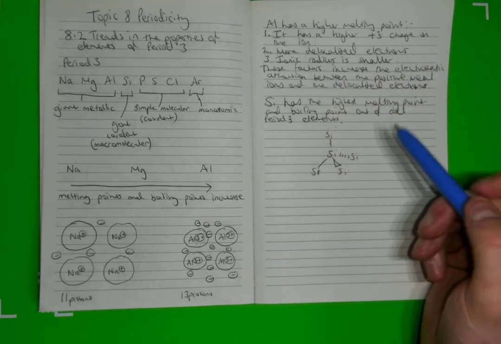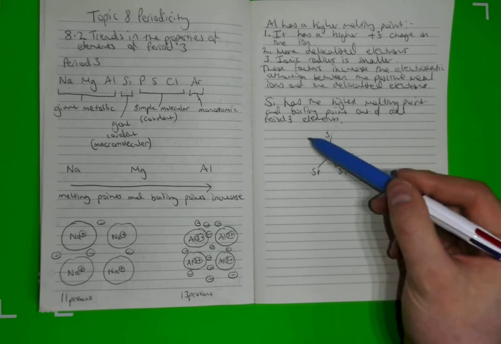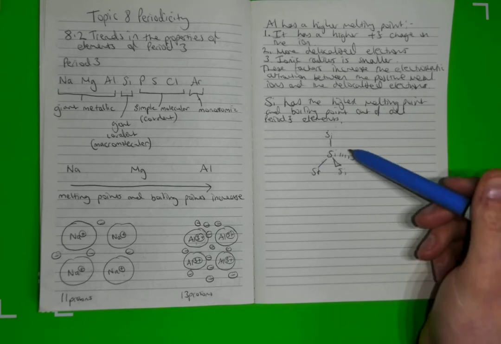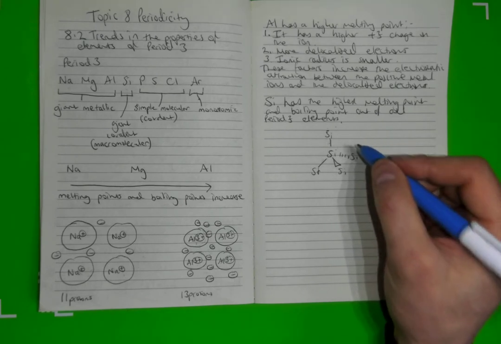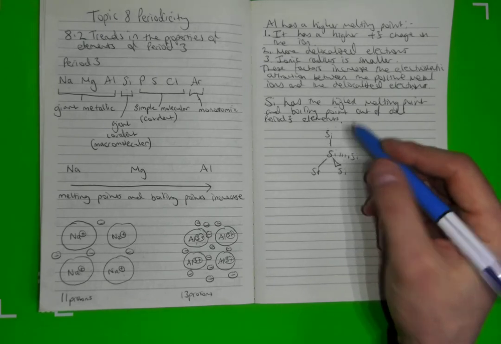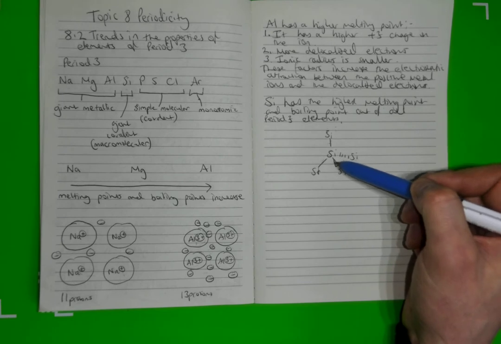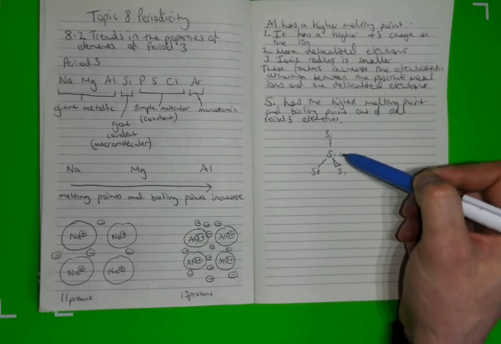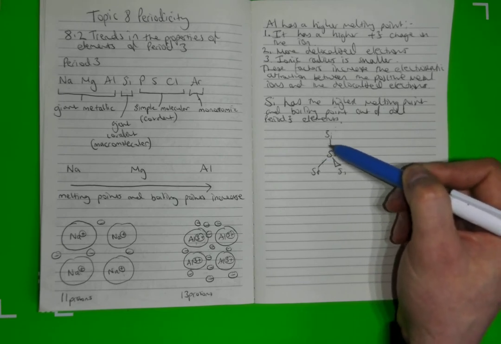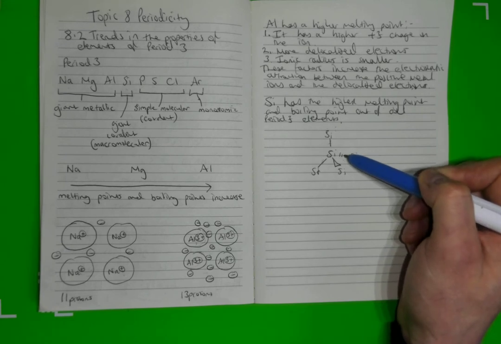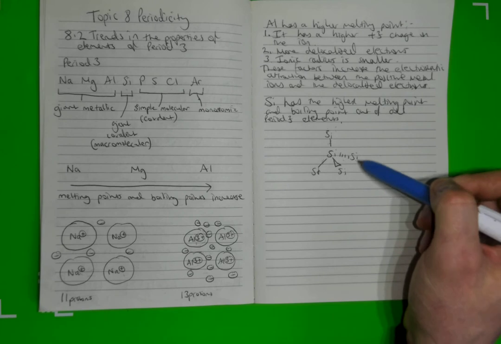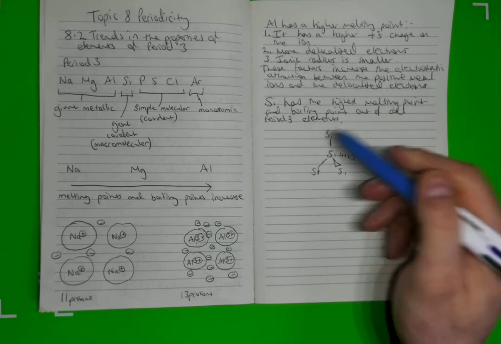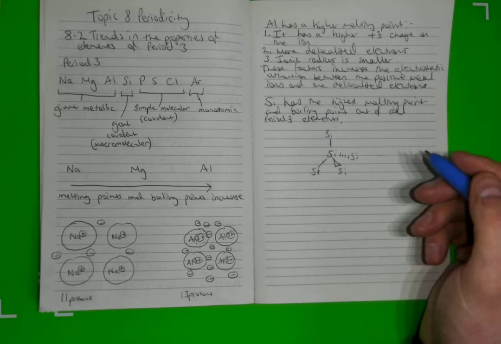Now, if you were wanting to melt silicon, or you want to boil silicon, what you would have to do, the only way to do it, would be to break these very strong covalent bonds. And that is going to take a lot of energy. Therefore, silicon has got the highest melting point and boiling point of all period 3 elements.